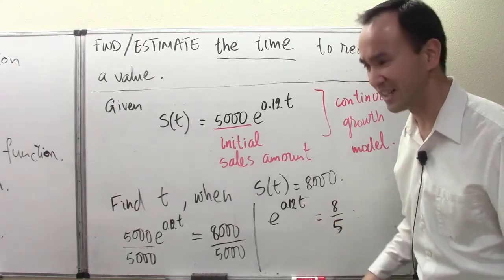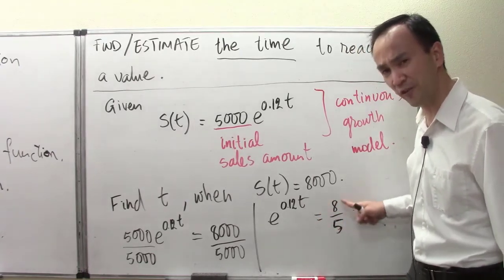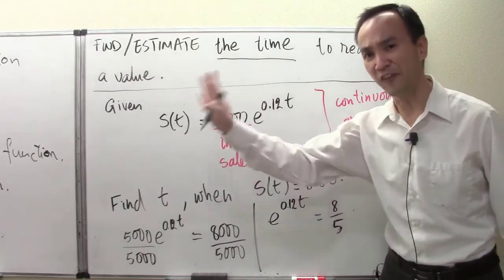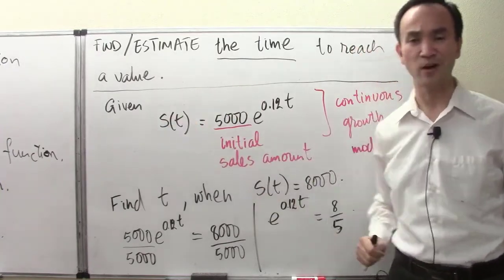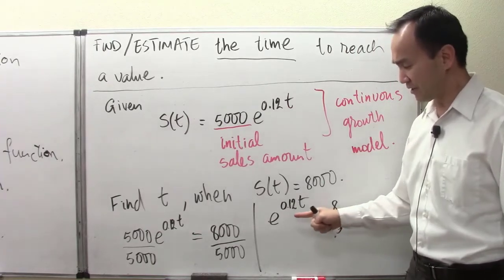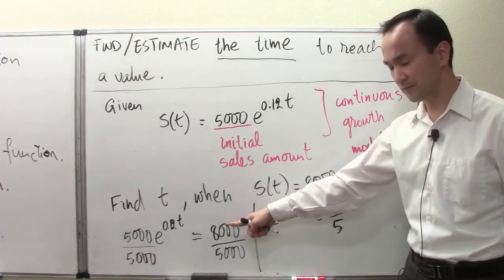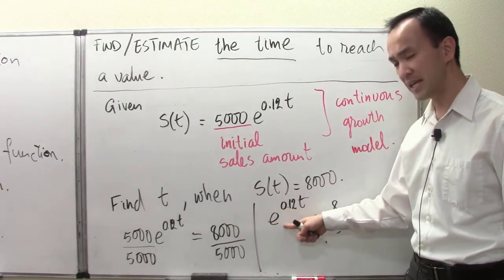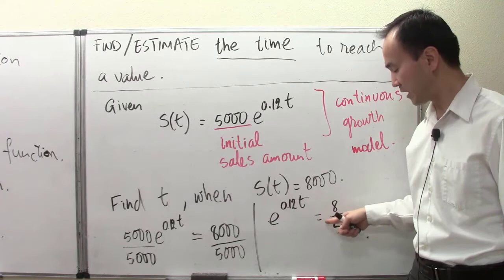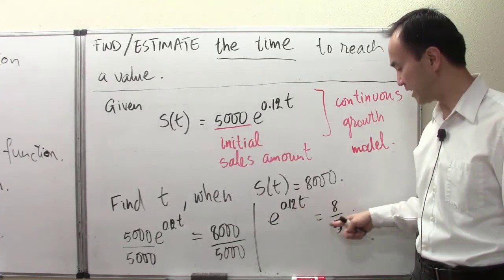You're not required to follow that style of mine, but here I'll go with the fraction for now, and at the final step I'll punch it into the calculator to get the final numerical outcome. So I have reduced my equation down to e to the 0.12t equals 8/5.